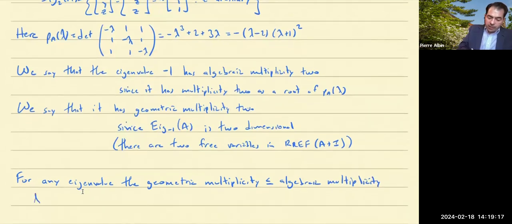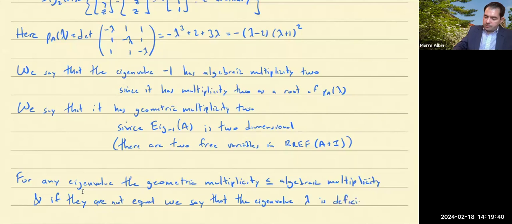But it can happen that they're not equal. If they are not equal, we say that the eigenvalue lambda is deficient.